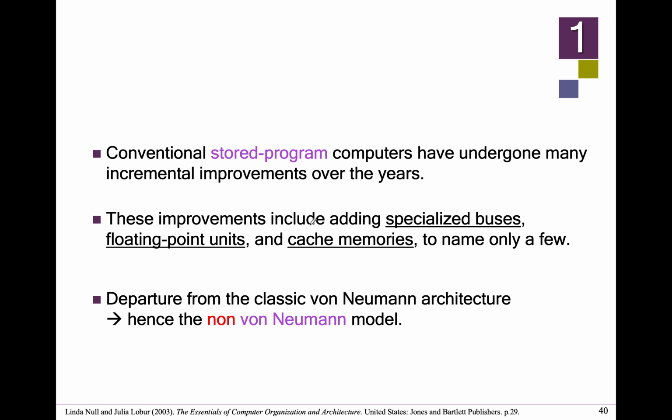These improvements include adding specialized buses, floating point units, and cache memory, to name only a few. Departure from the classic von Neumann architecture is what non-von Neumann models are.